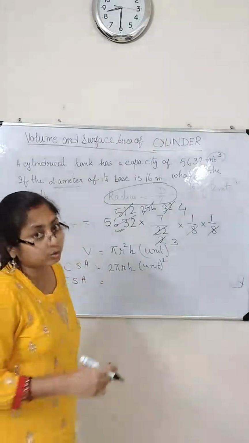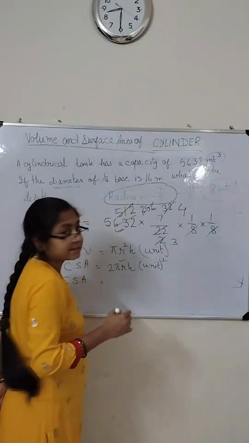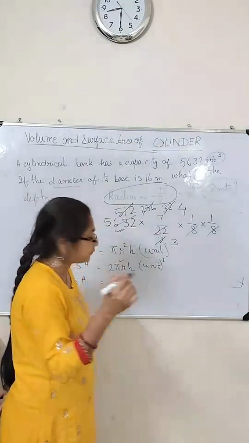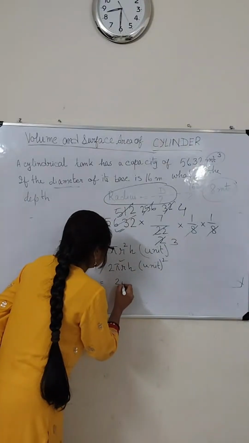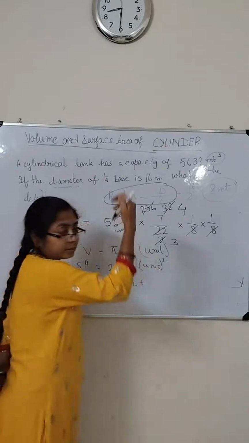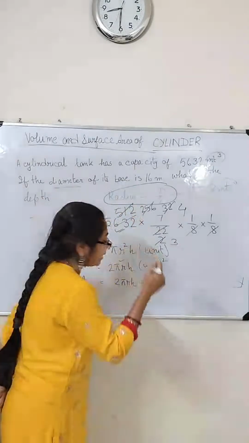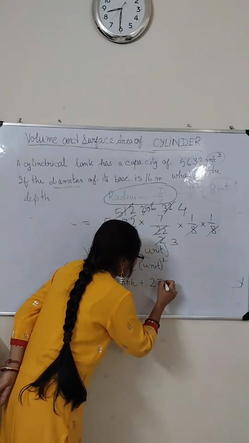First I write total surface area broken down, then I take common. Total surface area means lateral surface area or curved surface area, which is 2 pi r h, plus the up and down circle areas, meaning 2 circle areas, which is 2 pi r square.